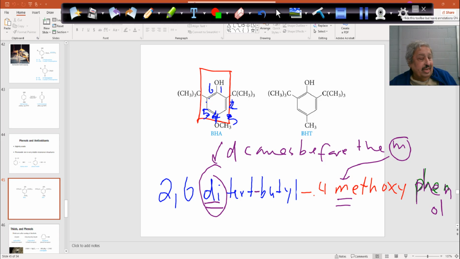That's how you can name any organic compound. It's not difficult. The main thing is which one will take priority. If I have an alcohol and I have a double or triple bond, the alcohol will take priority. As you will see further, if I have an aldehyde or ketone, next chapter, they will take over alcohol priority.